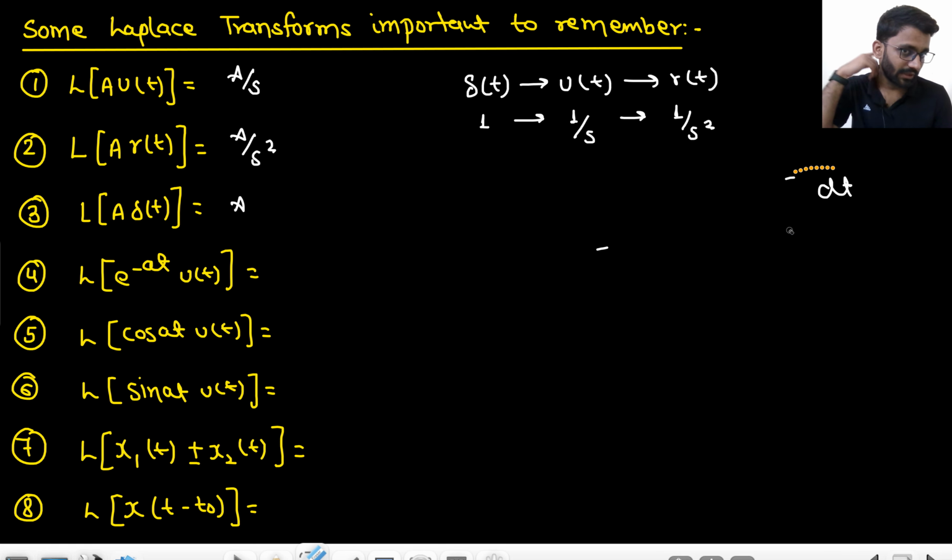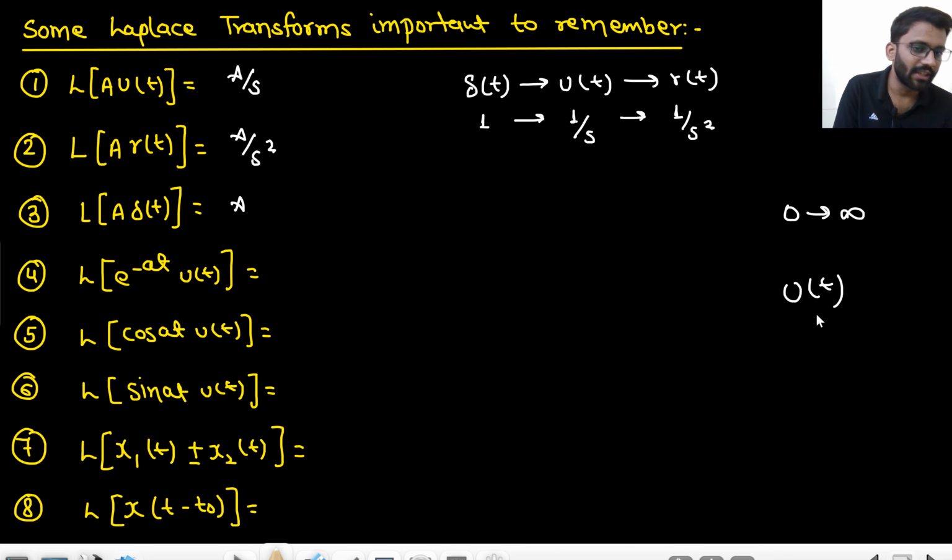So this is what is happening. And why did I write u(t) as 1? Because when you are talking about the Laplace transform, it is only defined from 0 to infinity in case of network analysis. If it was defined from minus infinity to infinity, the case would have been different, but here we are defining it from 0 to infinity only. For right-handed signals only we are defining it, so let's assume u(t) as 1 only.